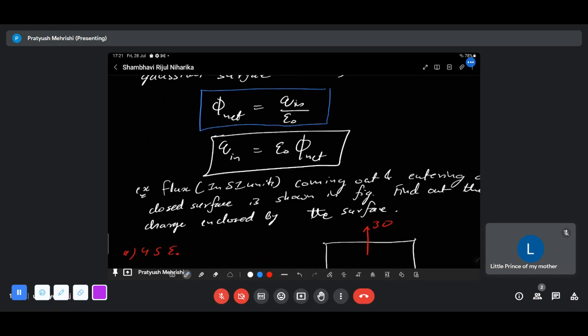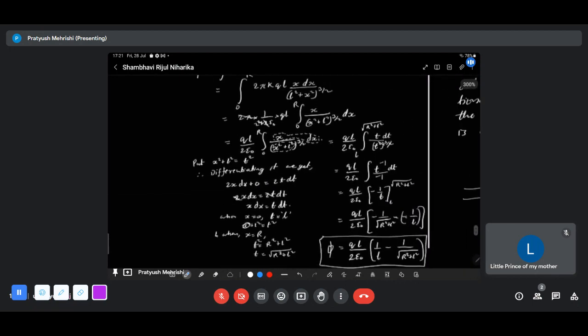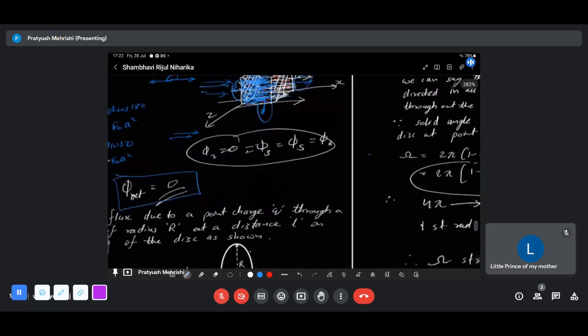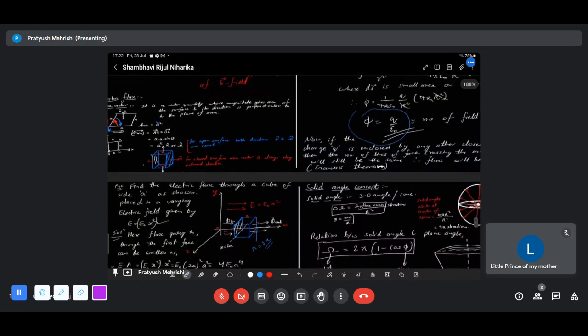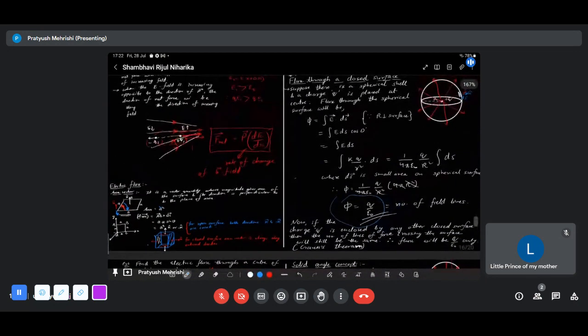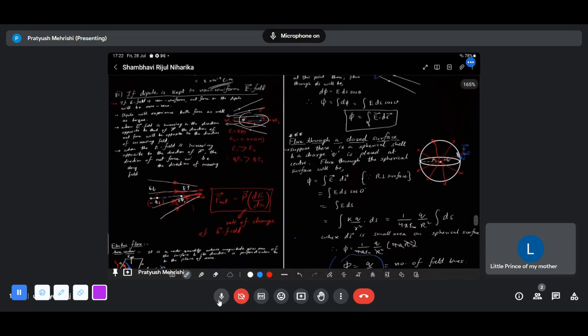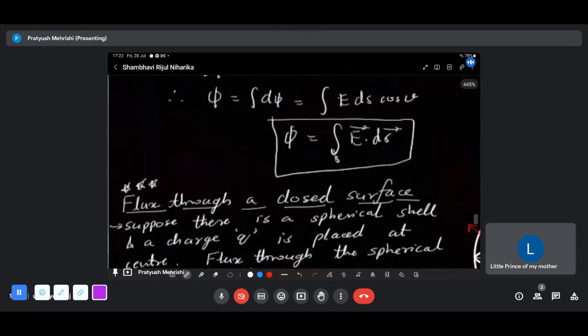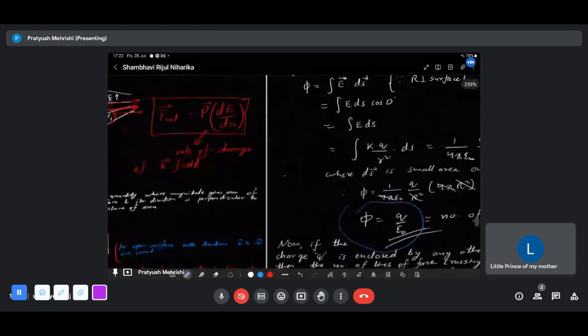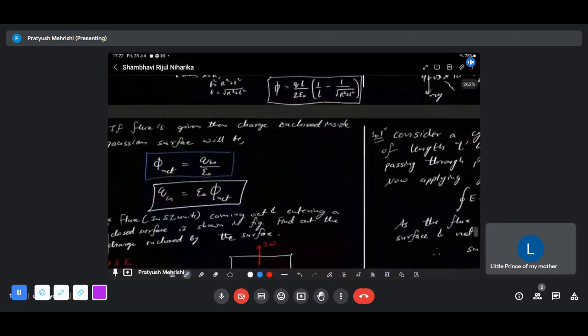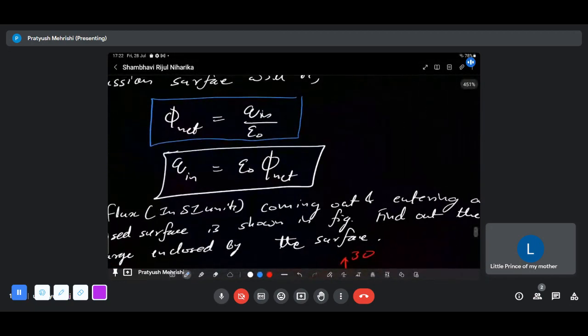Earlier we studied what flux was. Do you remember what flux is? Yes, sir. Flux was E dot ds. This was the flux, is it not? And here we are concluding that Gauss law says flux is charge enclosed divided by epsilon naught.